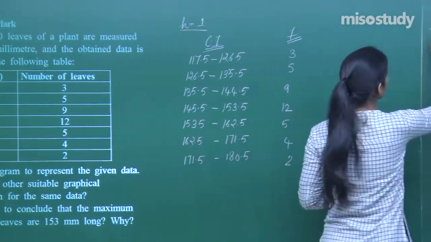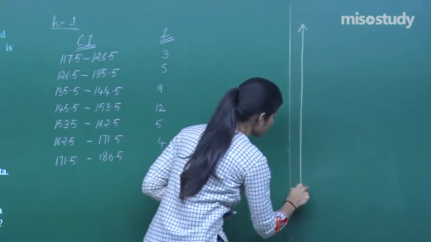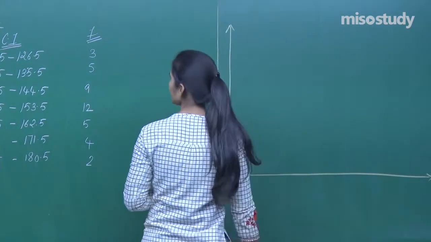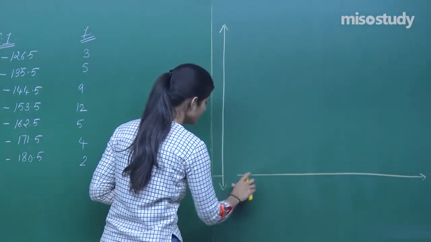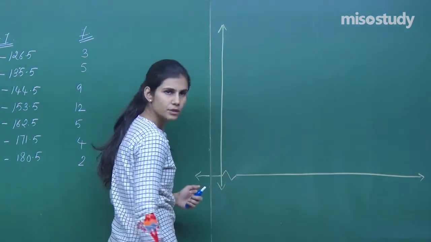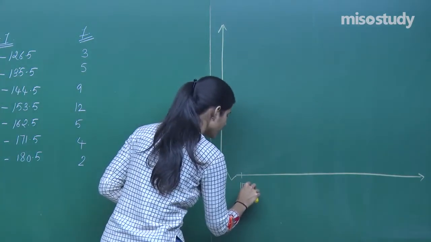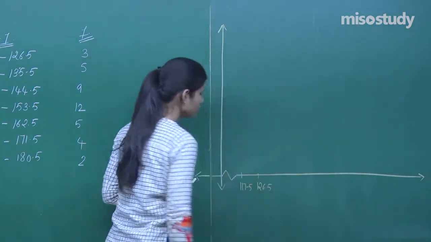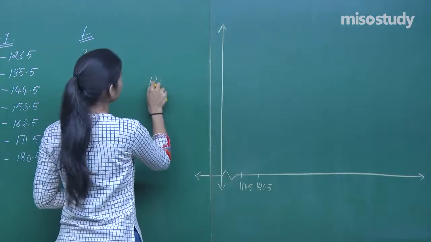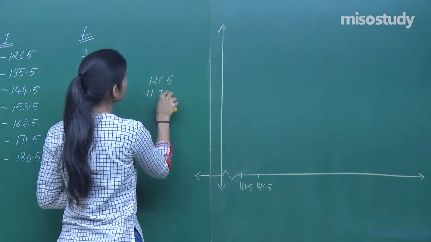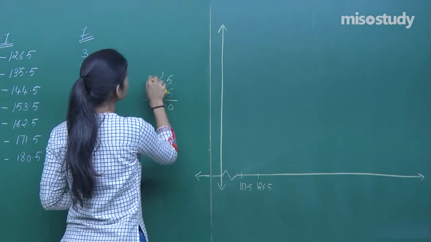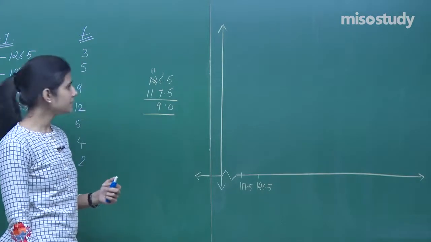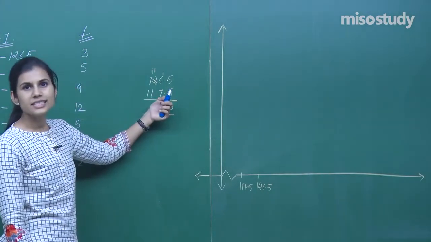Let's draw it. Okay, so we have 117.5. It's beginning from 117, so I will be drawing a kink in the beginning. 117.5, then you have 126.5. So you take the division of how much? 126.5 minus 117.5 gives you 9.